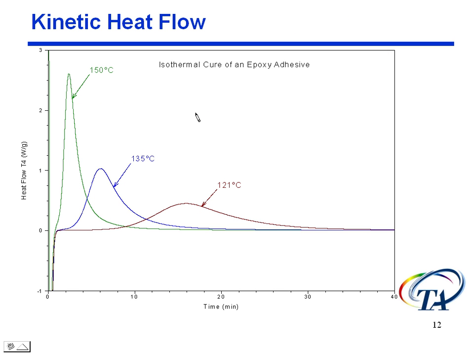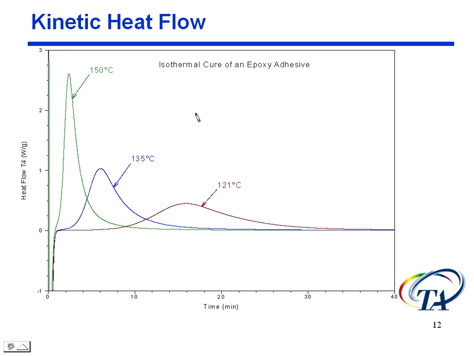Now, the kinetic heat flow. A relatively easy way to think about kinetic heat flow is the isothermal cure of an epoxy adhesive. Probably most of us have mixed up the little ribbon adhesive or the little adhesive in a syringe that you squeeze out and mix up, and you know that gives off heat, right? It's an exothermic reaction as it goes through the cross-linking and curing.